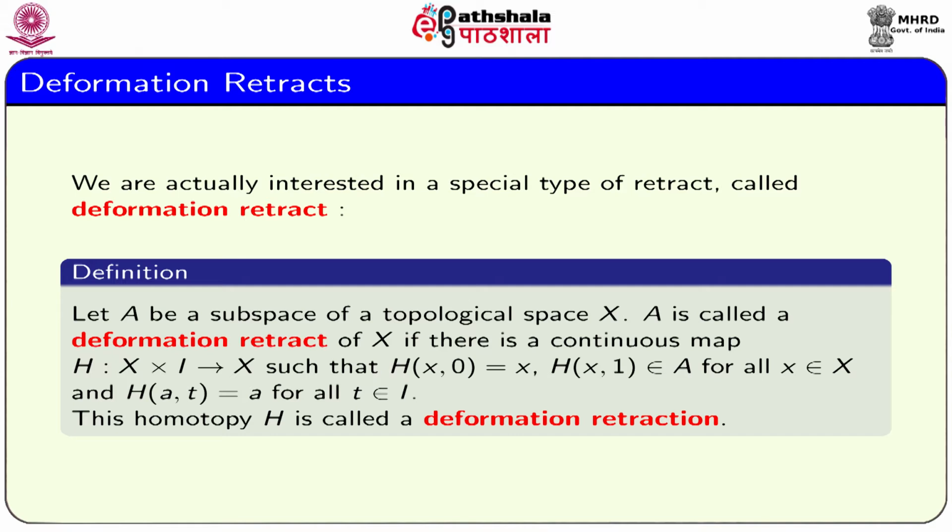So, we call the subspace A a deformation retract of X, and by means of the homotopy that deformation retract is obtained. That way the homotopy is called a deformation retraction.